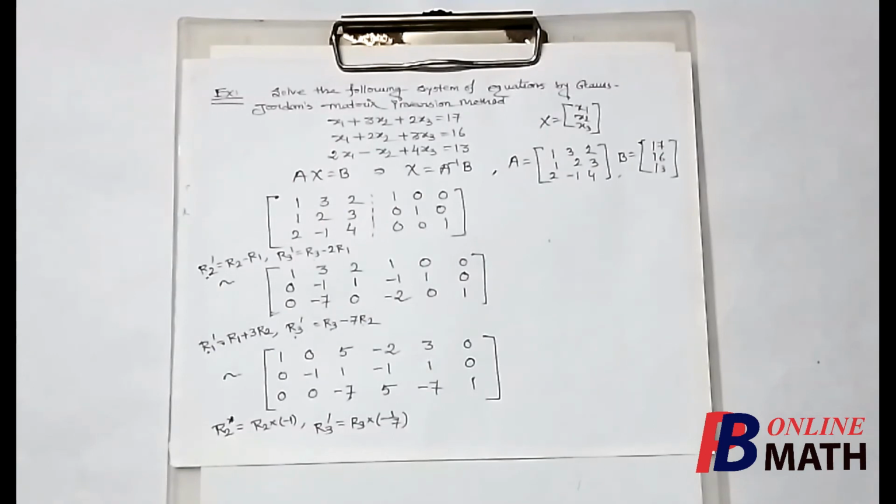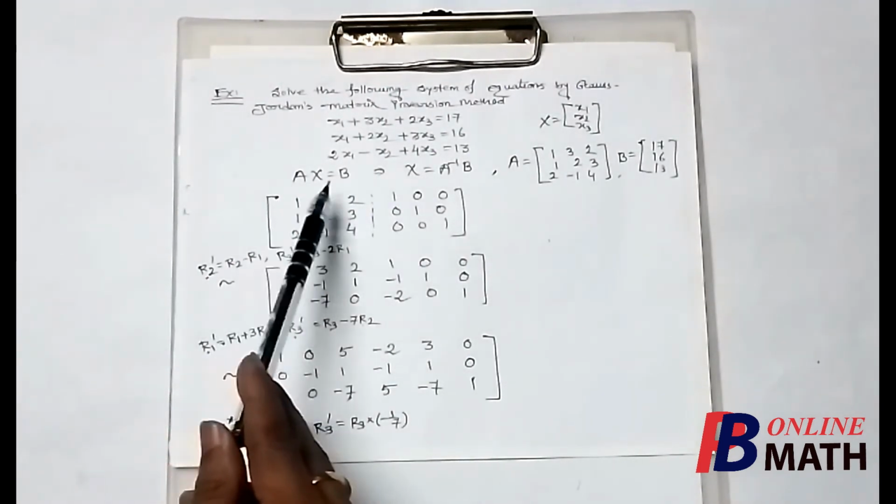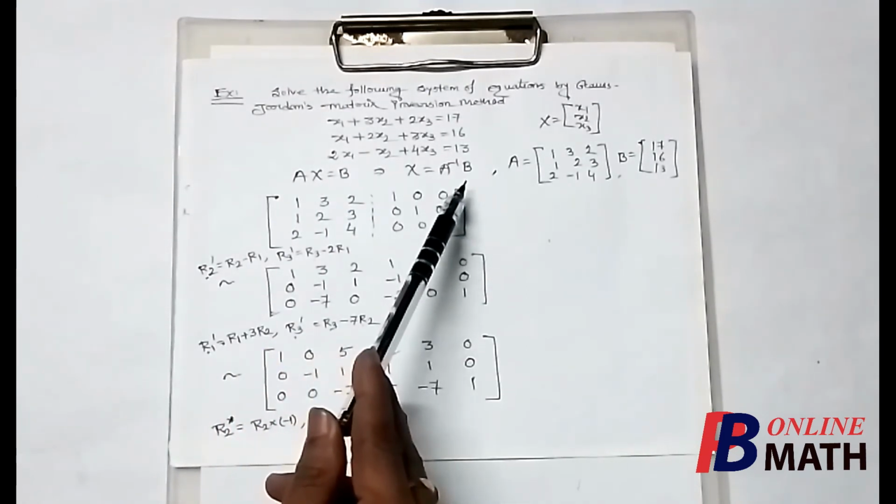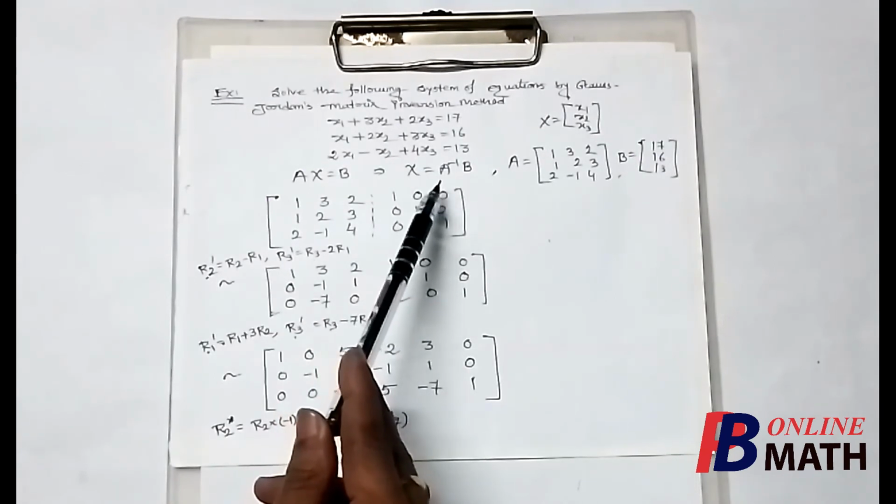Remember that if we want to solve a system of linear algebraic equations by Gauss-Jordan matrix inversion method, then we shall write the equations in this form Ax equal to b, so that x equal to A inverse b, assuming that the matrix A is non-singular.